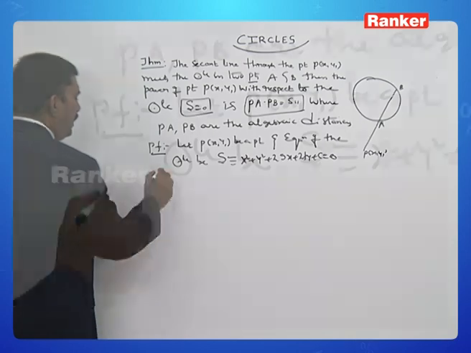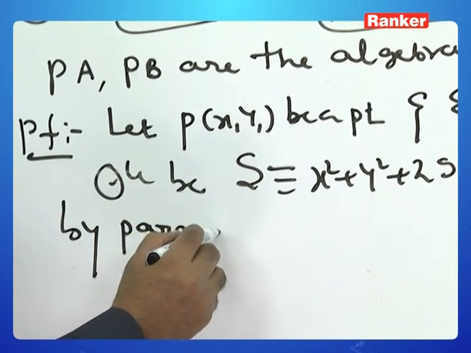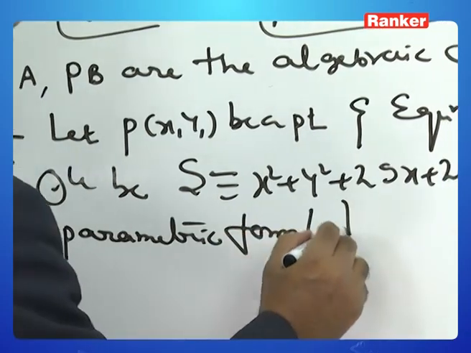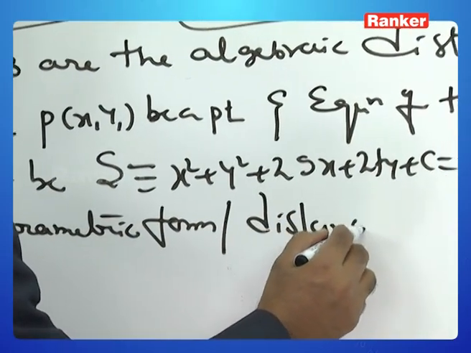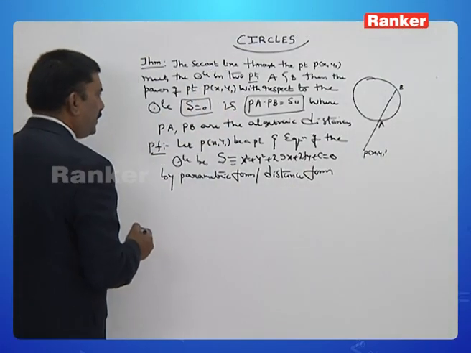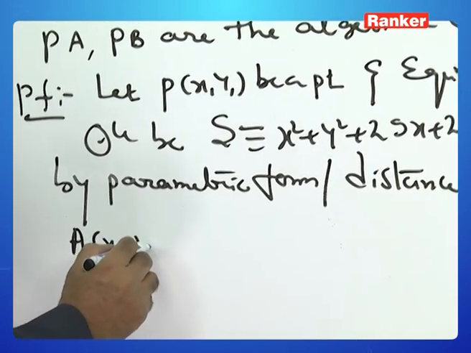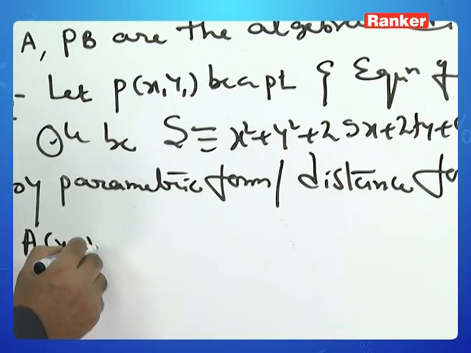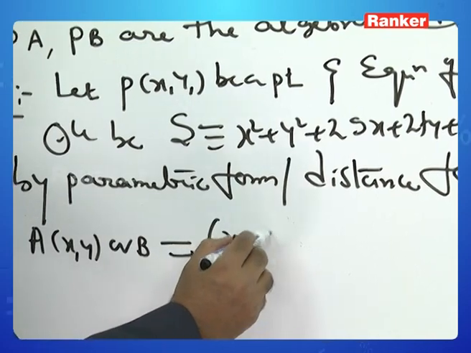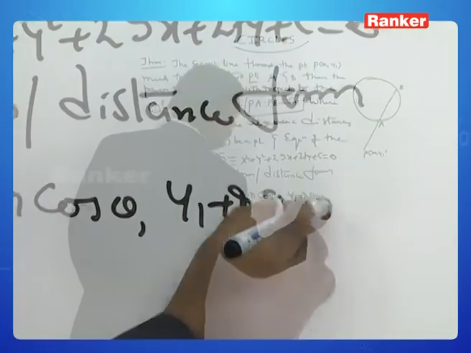Now, by parametric form or distance form, that is A of x comma y, A or B is equal to x1 plus r cos theta, y1 plus r sin theta.